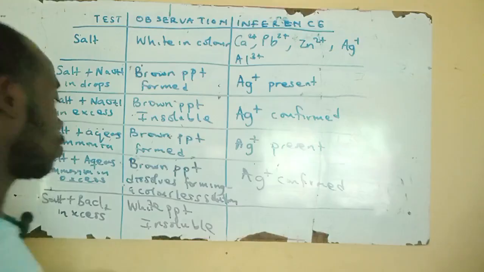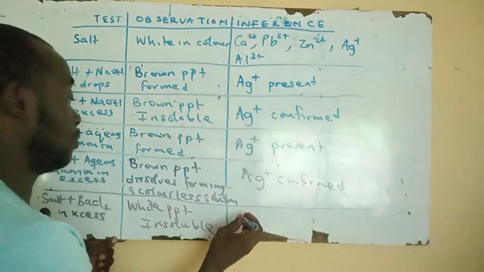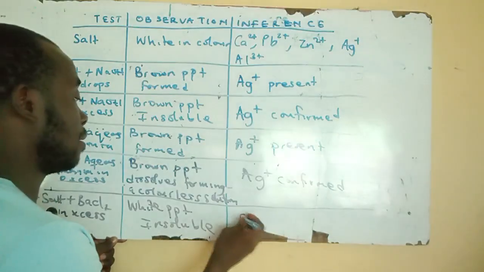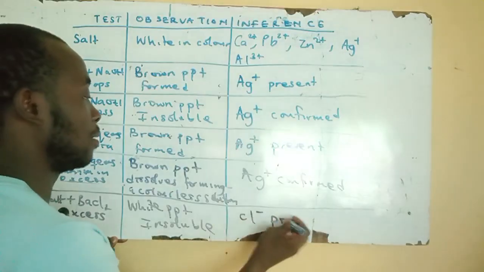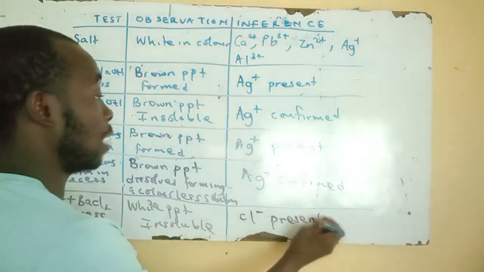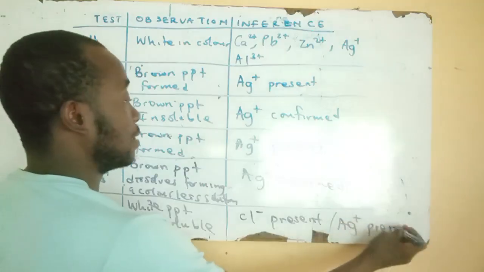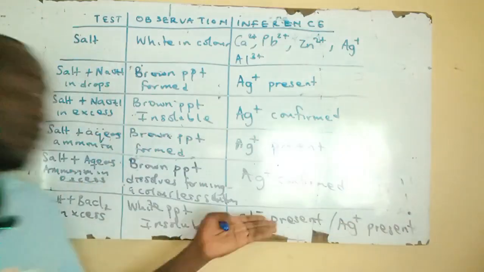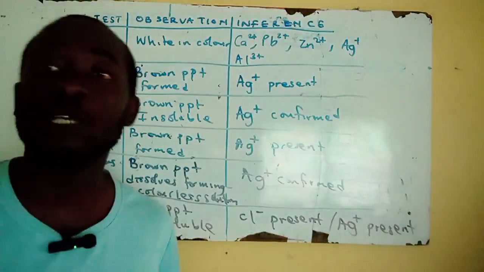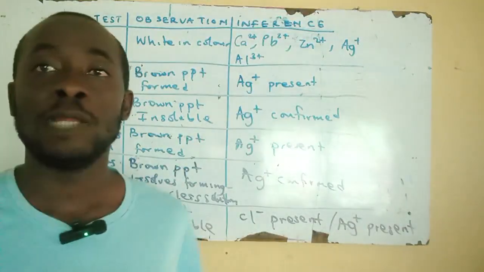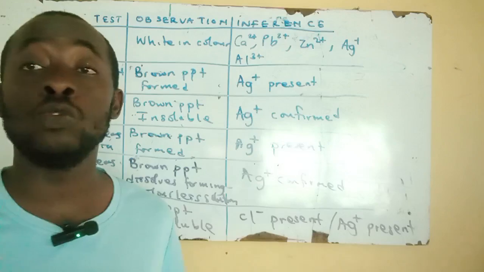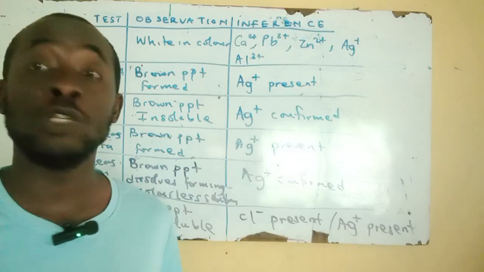So we are going to have, you can say Cl- present, or you can also say Ag+ present, as the case may be. It depends, they will still give you the mark. So that is what is going to happen on the day of exam.